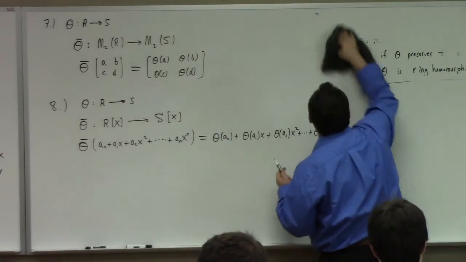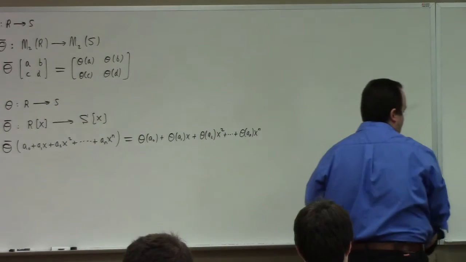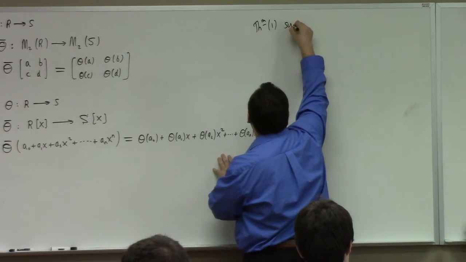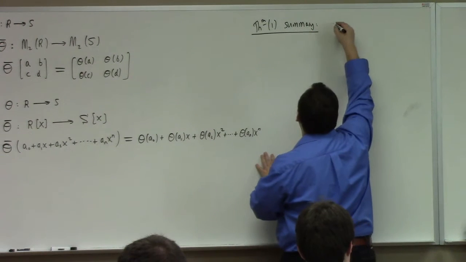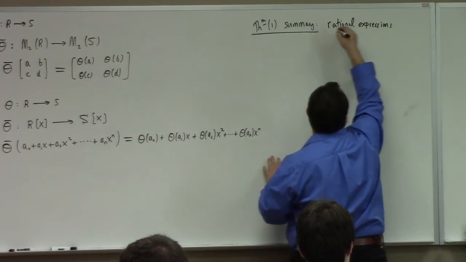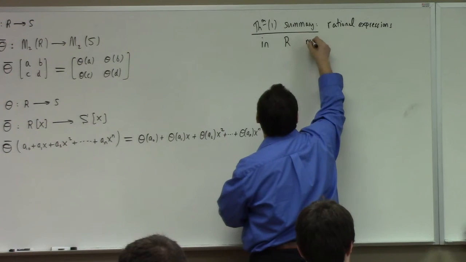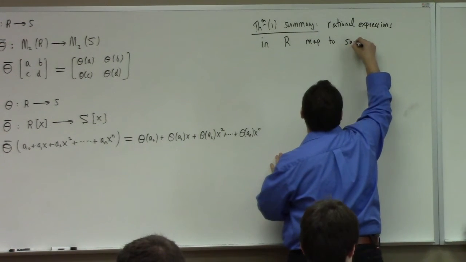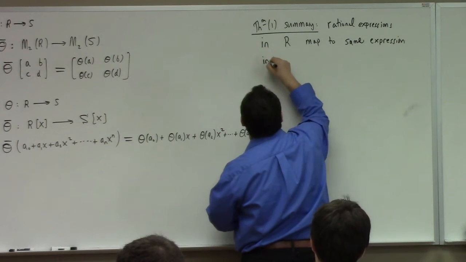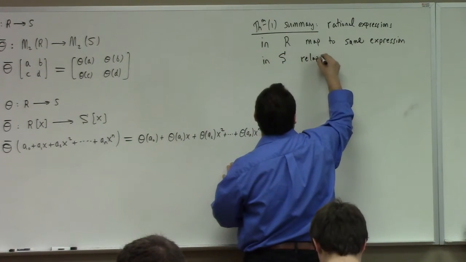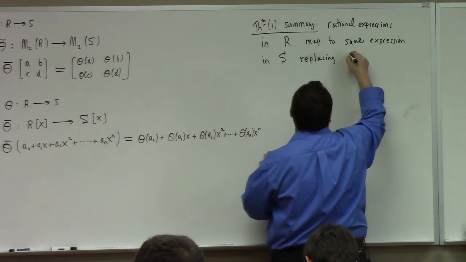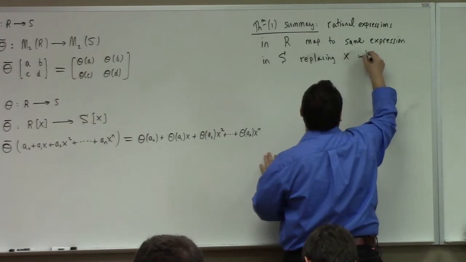Now, if we take theorem 1, it's very, very nice, because if we put it together, let me summarize what theorem 1 says. It basically says rational expressions in R map to the same expression in S, replacing, let's say, x with theta of x.